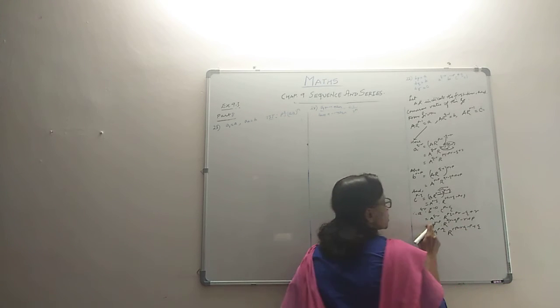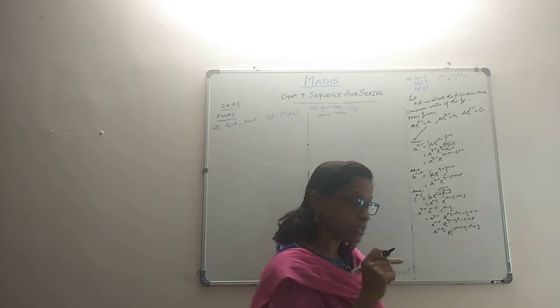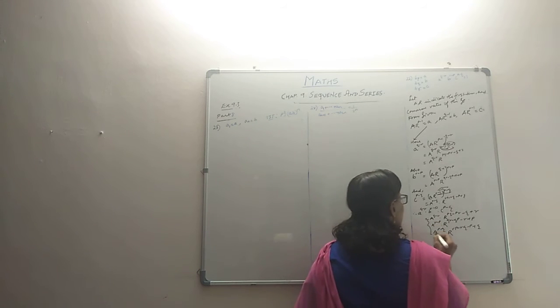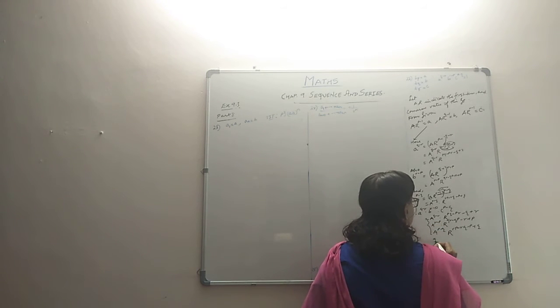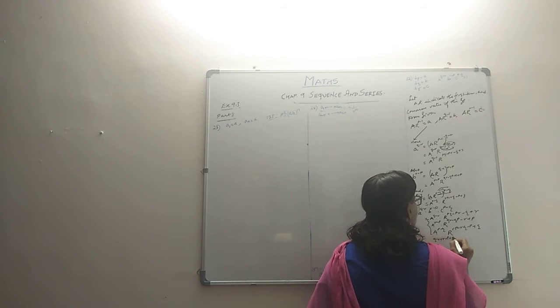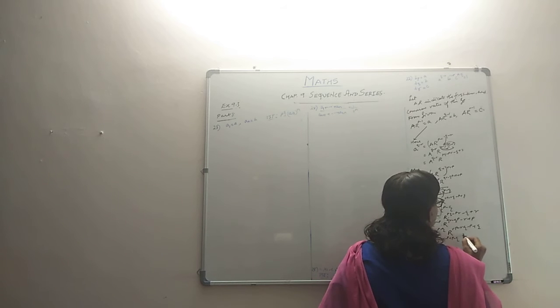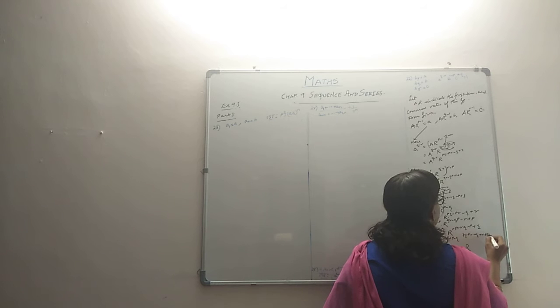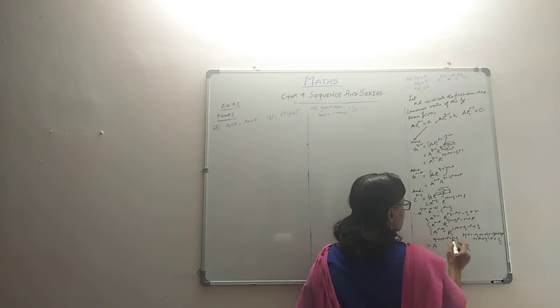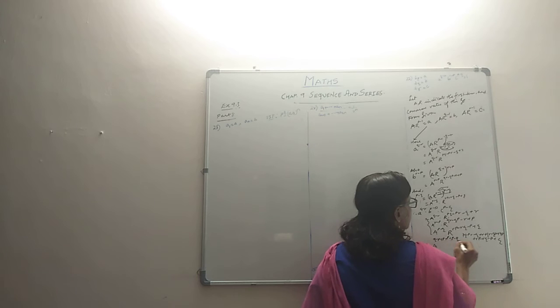You know that a raised to m into a raised to n is a raised to m plus n. The powers will get added up. By that idea, all these three powers will get added up. And so also these are having the same base, so the powers will get added up. Okay, and see what happens in the powers, they are all cancelling each other.